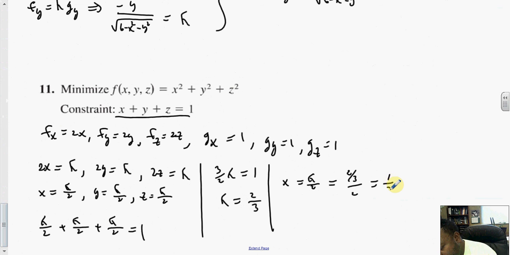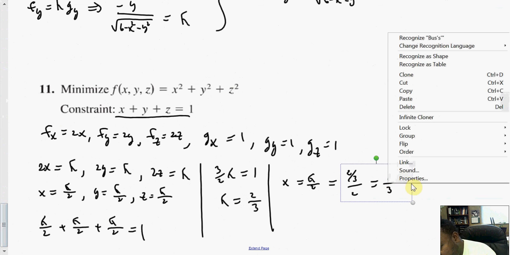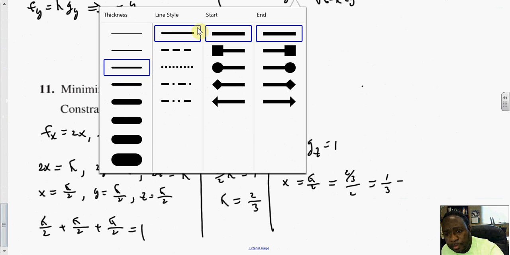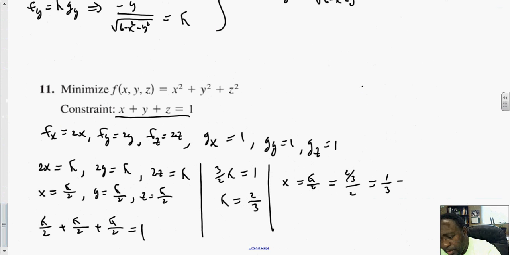This gives you 1/3. This is the same for y and for z. They're the same quantity.